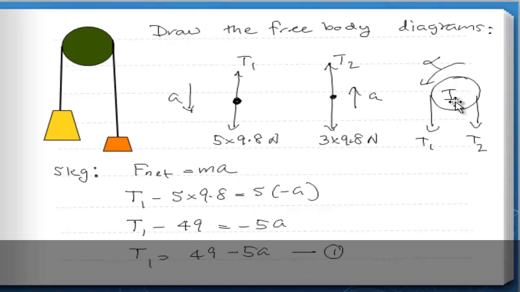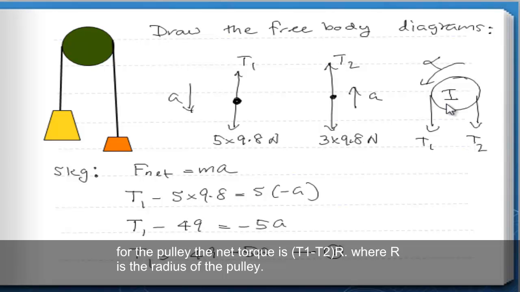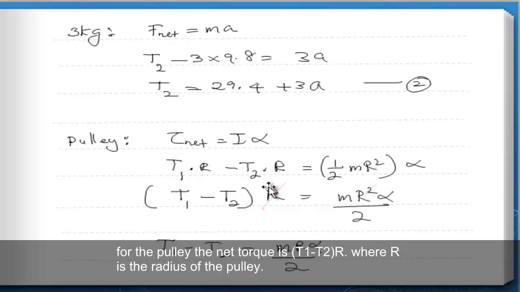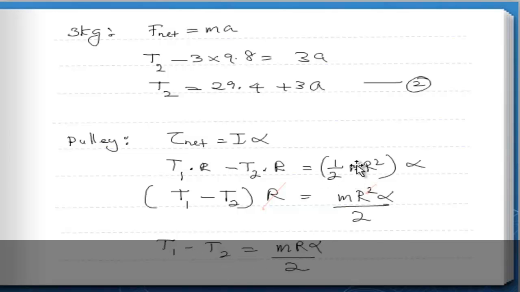The tau, there are two tensions. As I said in the previous question, the torque is tension times the radius of the pulley. So the torque by tension T1 is a positive torque because it's counterclockwise, and the torque by tension T2 is a negative torque because it's a clockwise rotation. So T1R minus T2R equals 1/2 mr squared times alpha. 1/2 mr squared is the inertia which is given in the question.